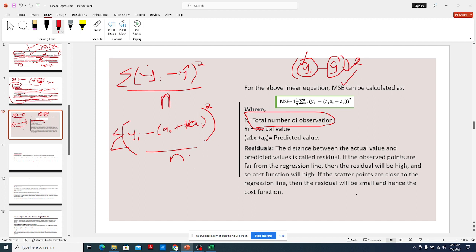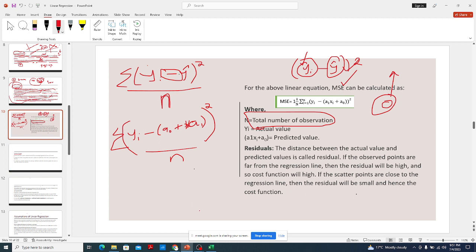If the cost function is a smaller value, what does it mean? We don't have large error terms. The distance between the actual values and the predicted values is very minimal.